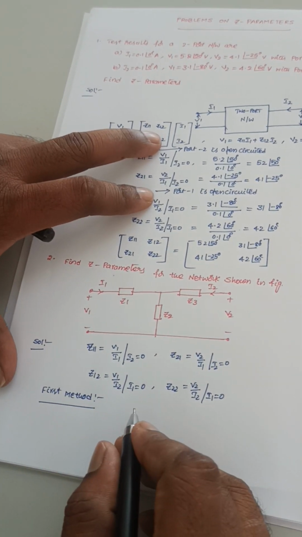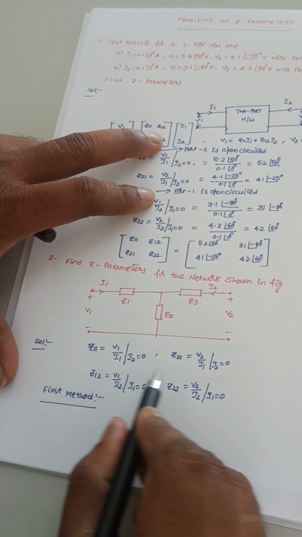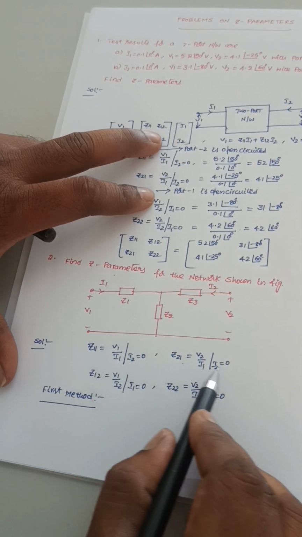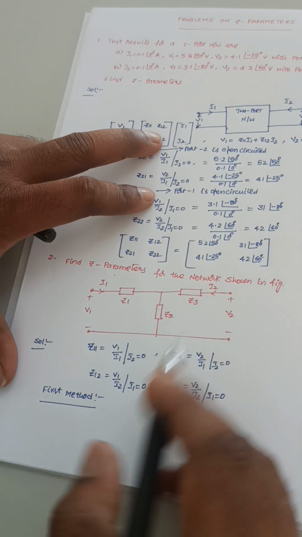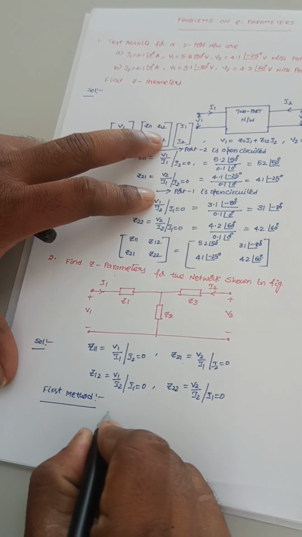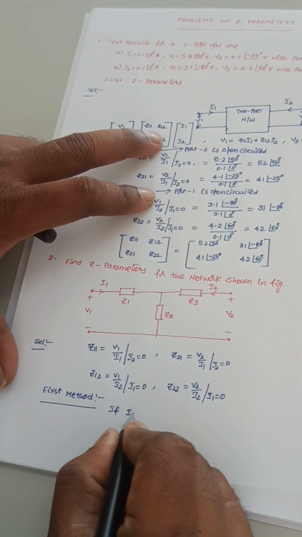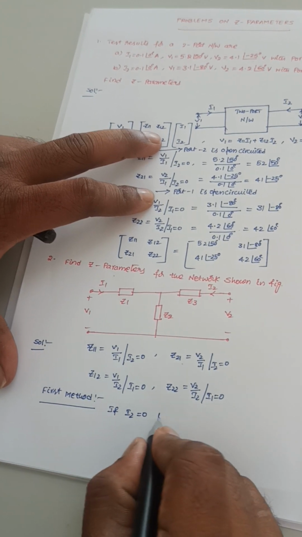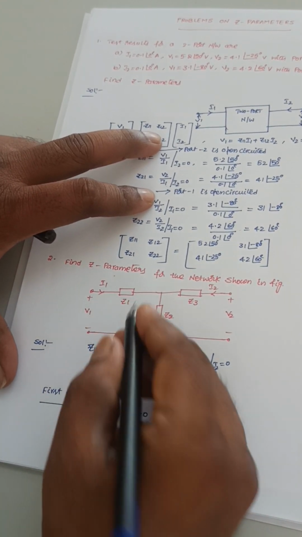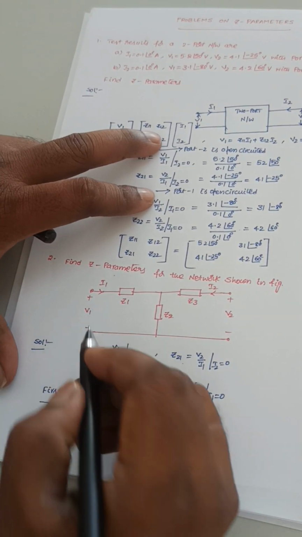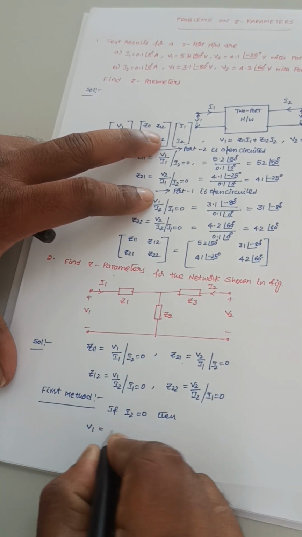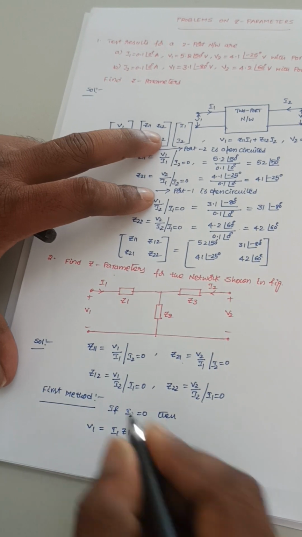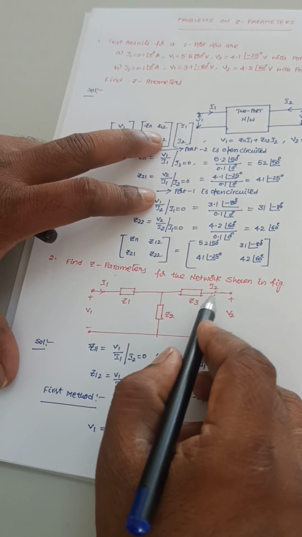In this first method, to find this Z11 and Z21, I am going to make I2 is equal to 0. That means this port 2 is open circuited. So if I2 is equal to 0, then for this circuit, if I write the KVL for this loop, V1 is equal to I1 into Z1, and this current is 0.